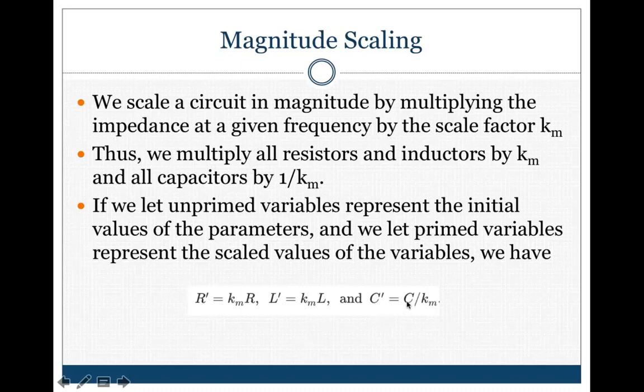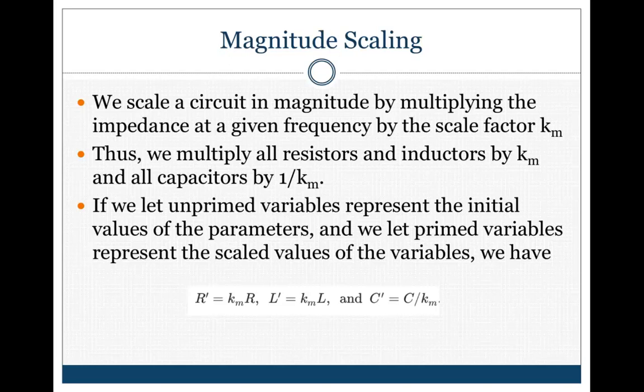And so we would then solve for K sub m. Now what that does is it fixes R. Because once we've solved for K sub m and we have our original R, our R prime is now a calculated value. So typically it is the capacitor value that sets the magnitude scale. Not always, but typically it is.